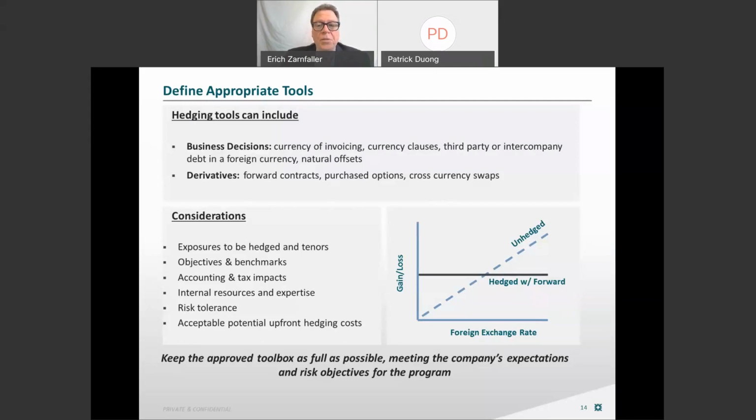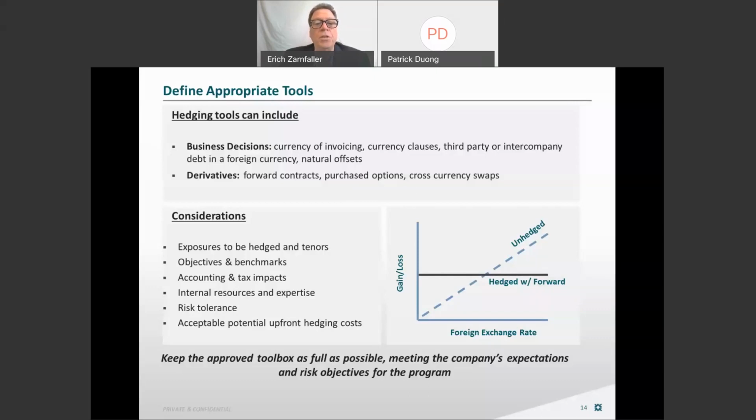Once your business toolbox has been filled, it is time to turn to the derivative toolbox, the second bullet point in the top section. Derivative tools are forward contracts, option contracts, and cross-currency swaps. Forward contracts are the most frequently used tool for hedging realized transaction exposures or highly probable forecasted flows.